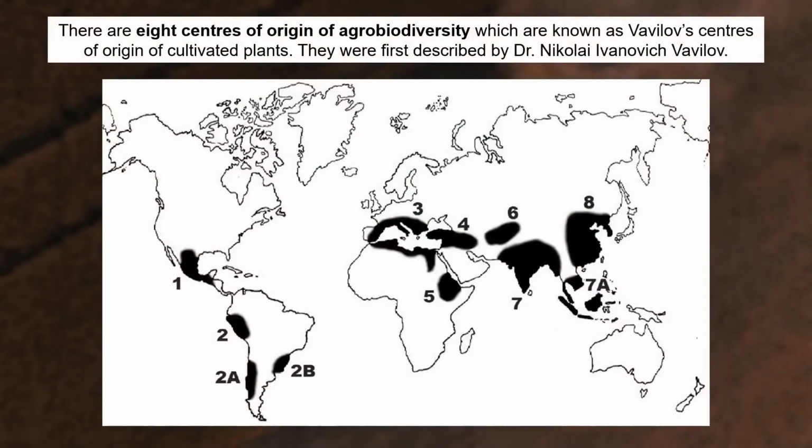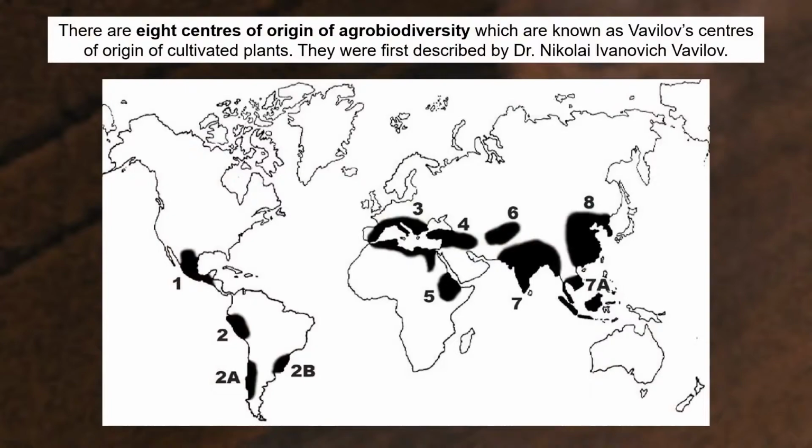So germplasm preservation is accomplished through gene banks and the preservation of natural habitat. And when we talk about centers, especially centers of origin, there are 8 centers of origin of agrobiodiversity, which are also known as Vavilov centers of origin of cultivated plants.